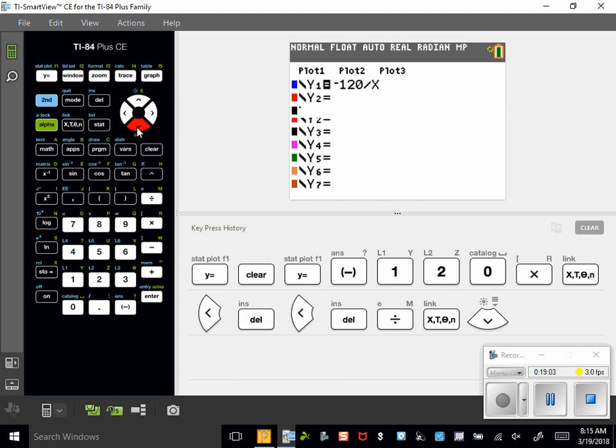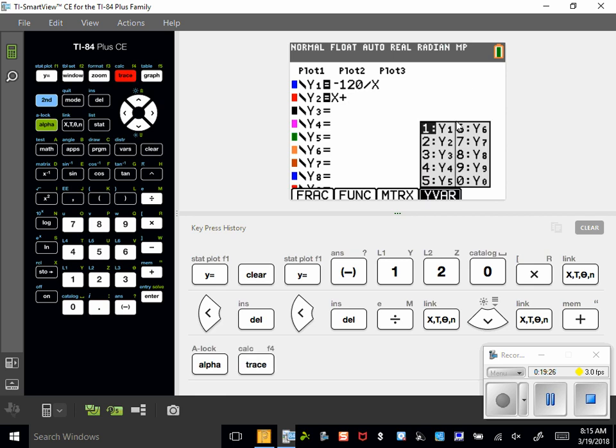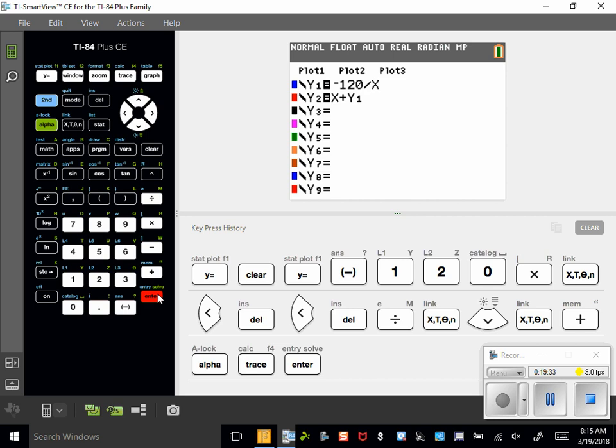And then go down to your second row, and it tells you what to press. So you're going to press what first? X. Plus sign. Then hit your alpha key. There's your alpha. And then hit trace. Trace is right beside graph. When you hit trace, this little window will pop up. Just hit enter because you want it to be on Y1. Okay, everyone there? If not, just go back to your directions on page 4.